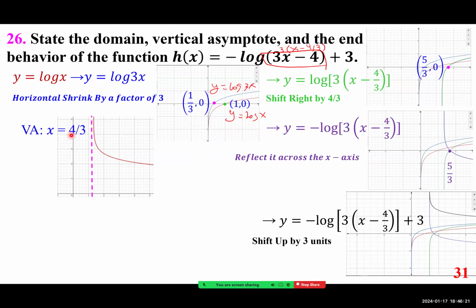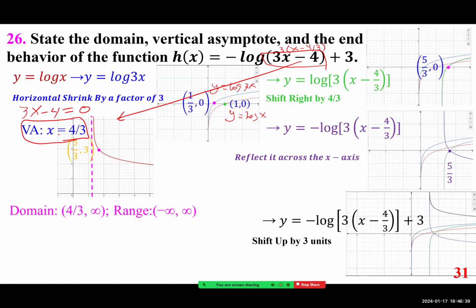I want you to know that to get this, in case you don't see it from here, 3x minus 4 equals 0, x equals 4/3. That's how you get that.